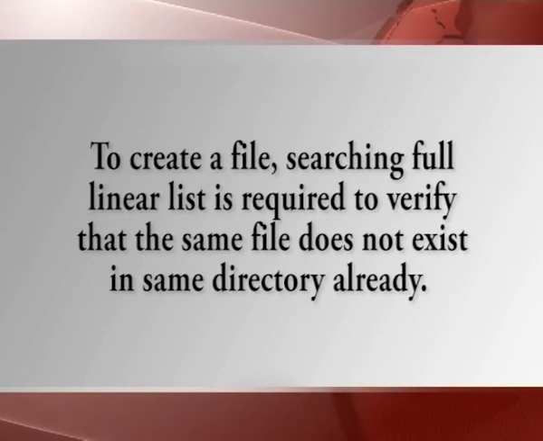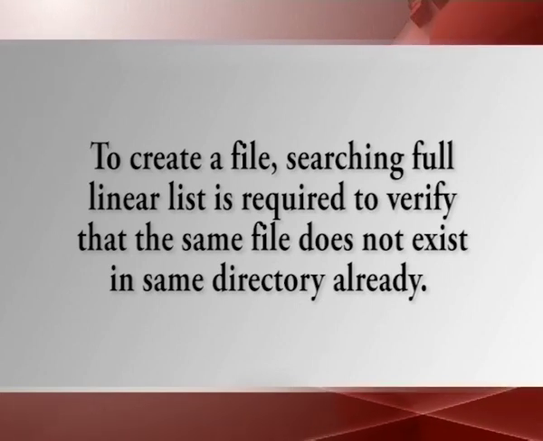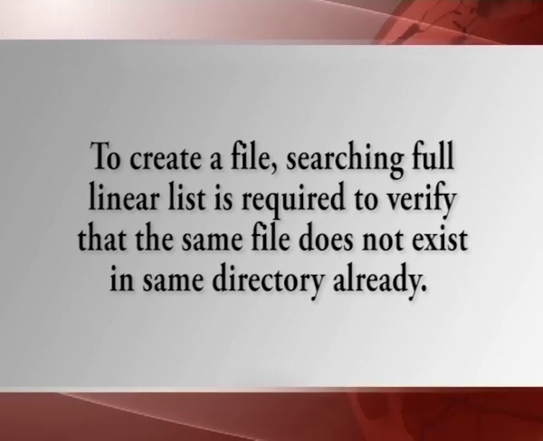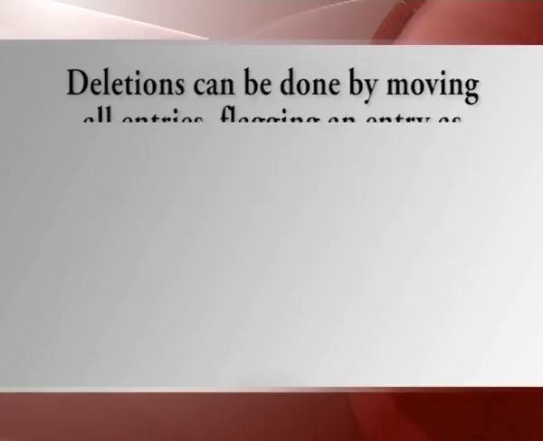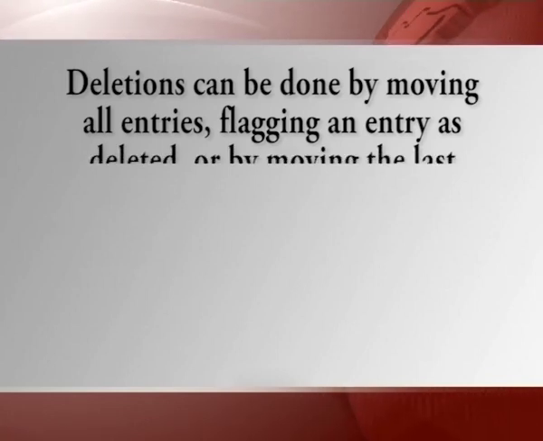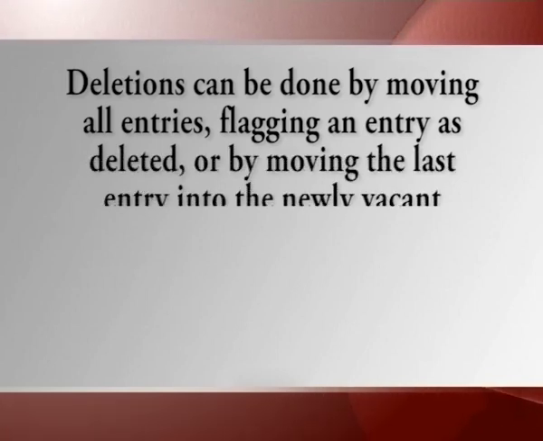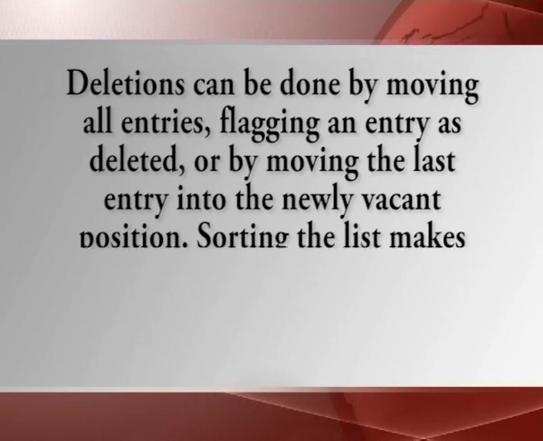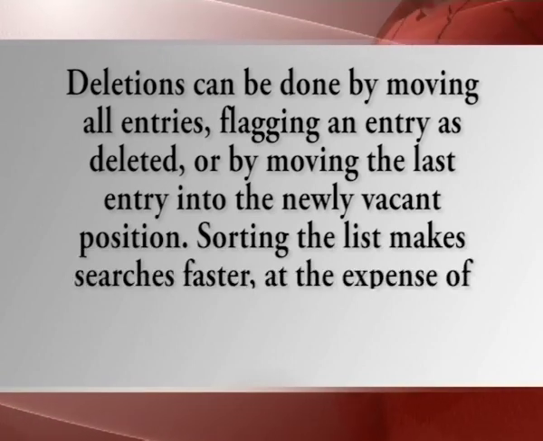To create a file, searching the full linear list is required to verify that the same file does not exist in the same directory already. Deletions can be done by moving all entries, flagging an entry as deleted, or by moving the last entry into the newly vacant position.